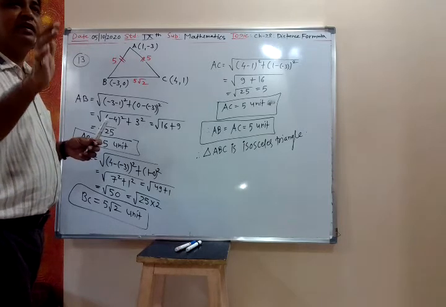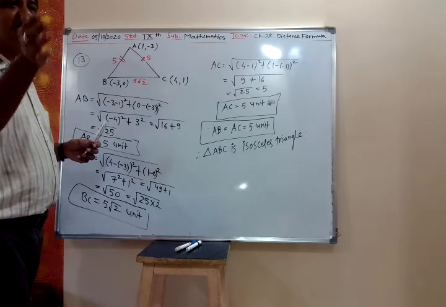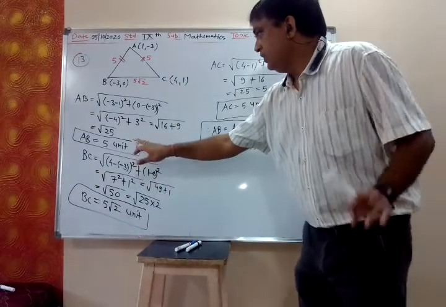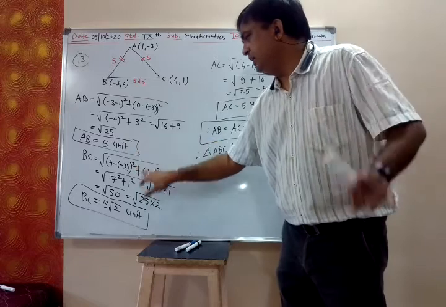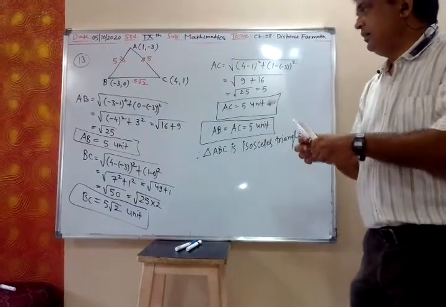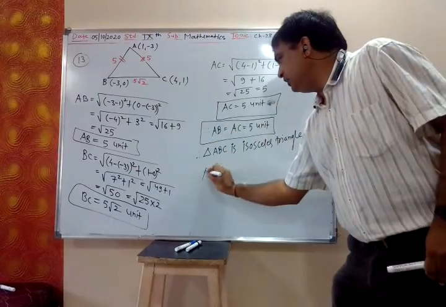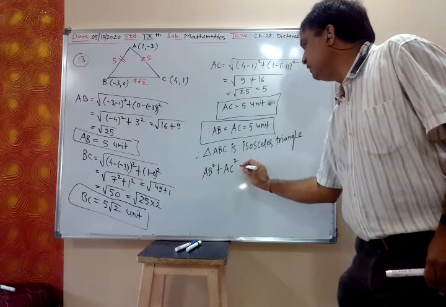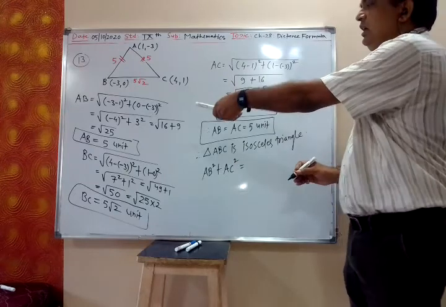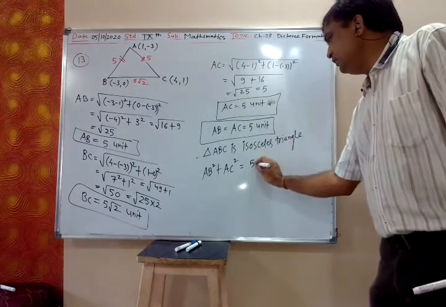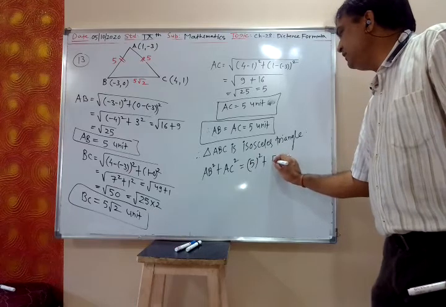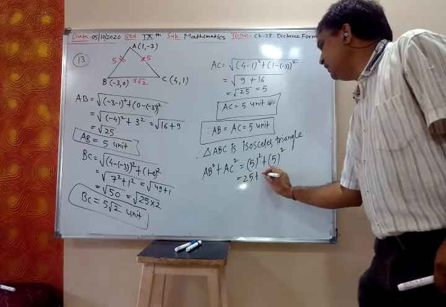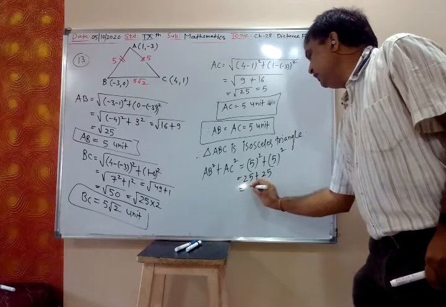Now to show that a given triangle has a 90 degree angle, we check whether the Pythagoras theorem is verified. You have all the lengths: AB, BC and AC. Now we find AB square plus AC square. AB is 5, so 5 square plus 5 square, AC is also 5. 25 plus 25 is 50.